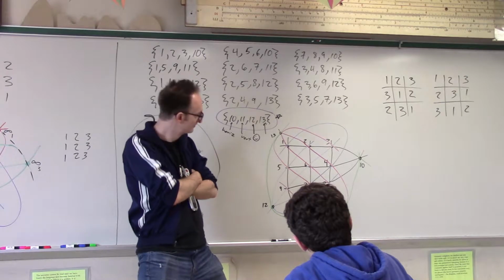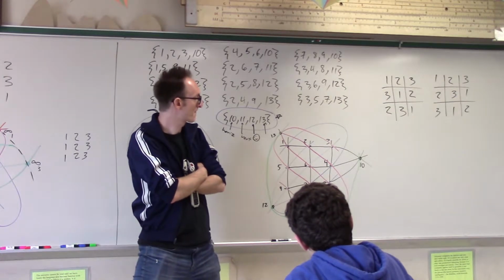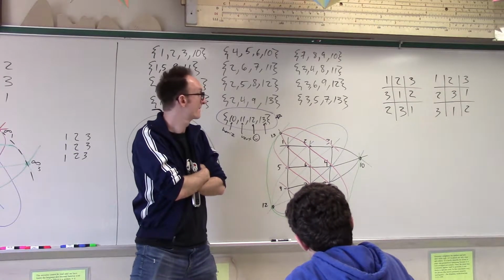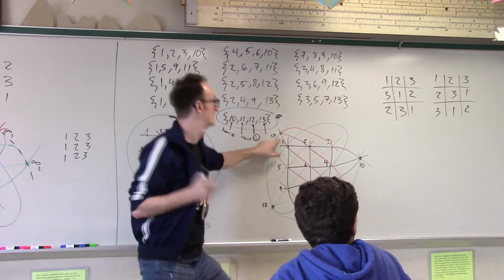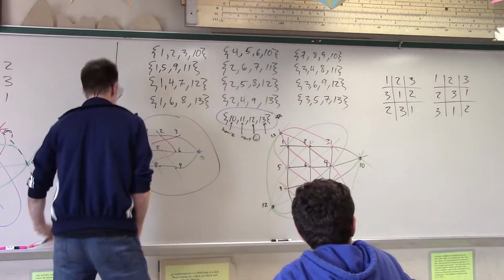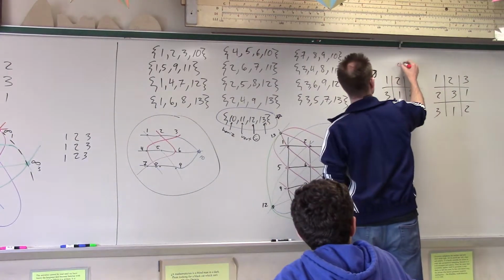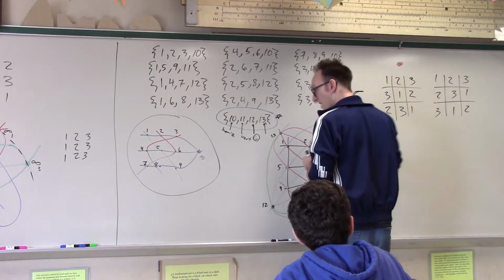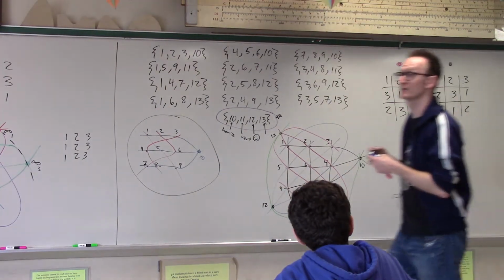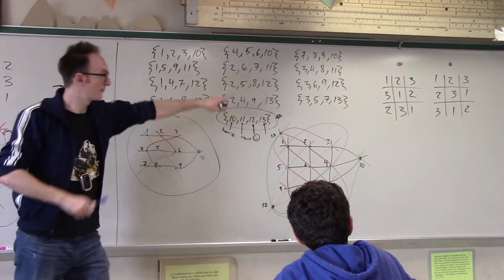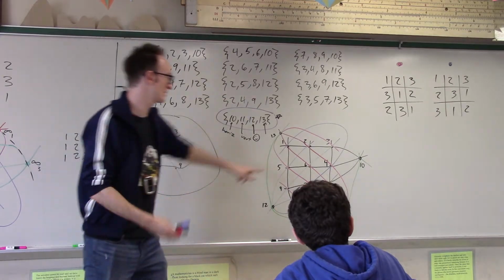Okay, so let's just take the 13 one, the red ones. This Latin square was the one associated with the red lines, and this Latin square was the one associated with the blue lines. So he is referring to the first Latin square, which is the red lines.